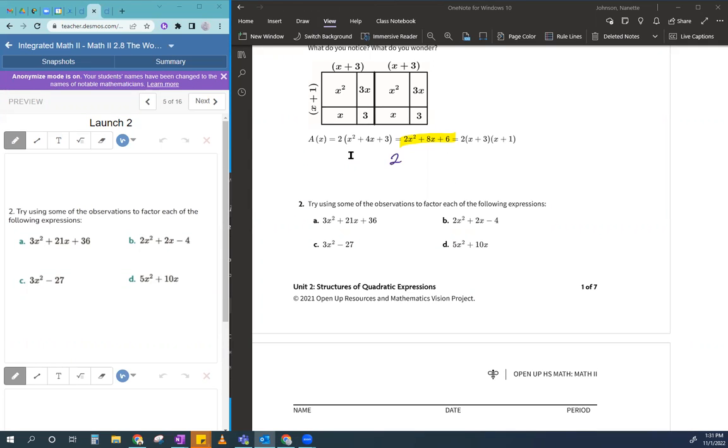So if I factor out a 2 there, so 2 times what gives me 2x squared? And someone goes, hey, Ms. Johnson, that's x squared. Very good. And 2 times what gives me 8x? Yeah, plus 4x, Miss Johnson. Very good. And 2 times what gives me 6? Okay, so Miss Johnson, that's just this one.